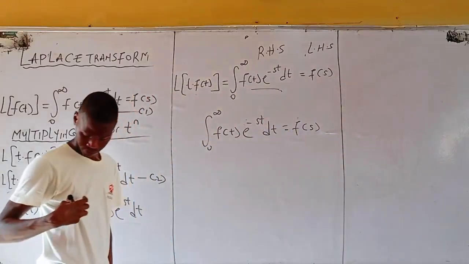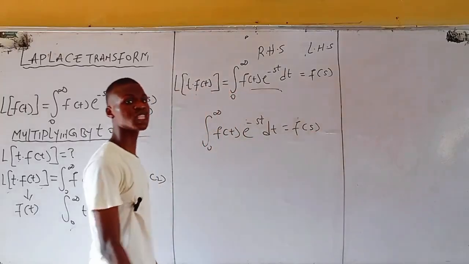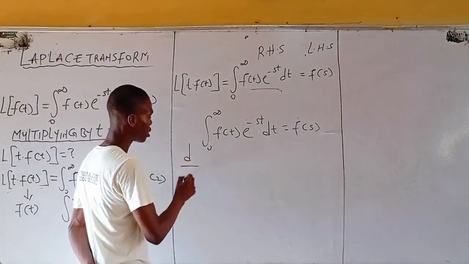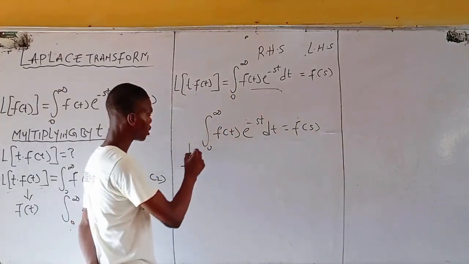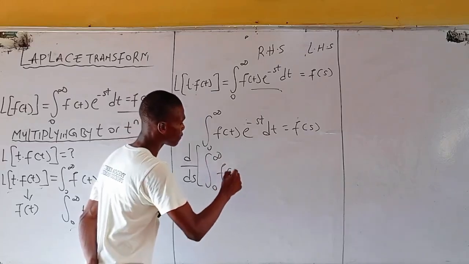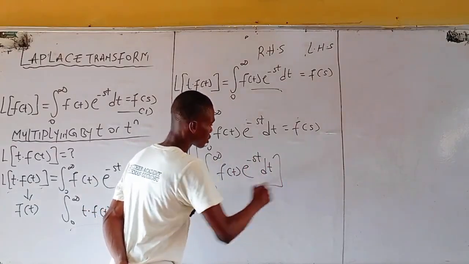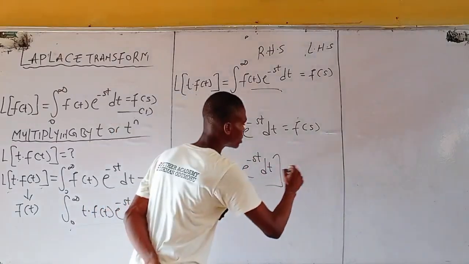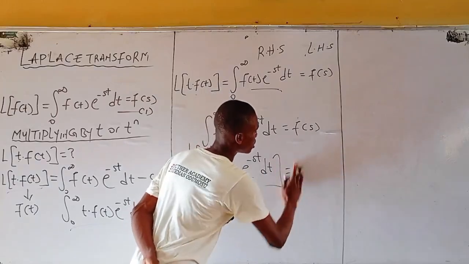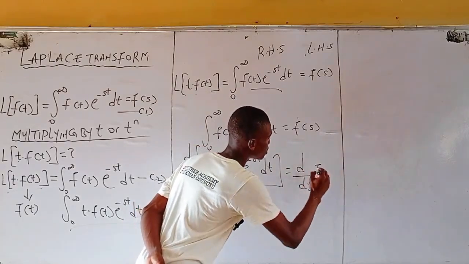So I have d over dx of the integral from 0 to infinity of f of t multiplying exponential negative st dt, equating it to d over dx of f of x.